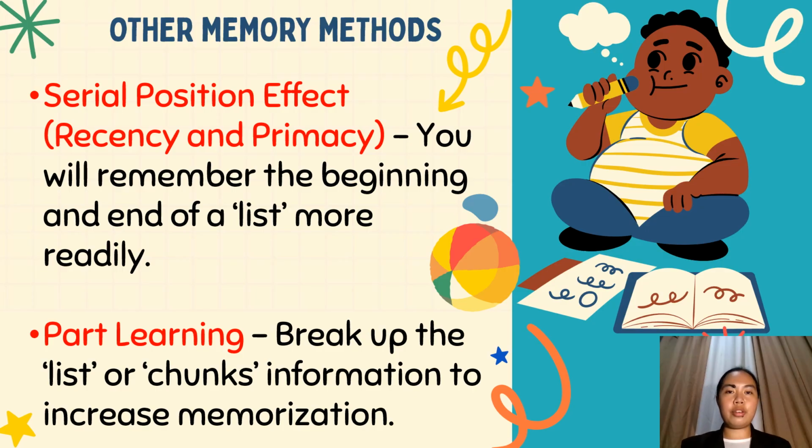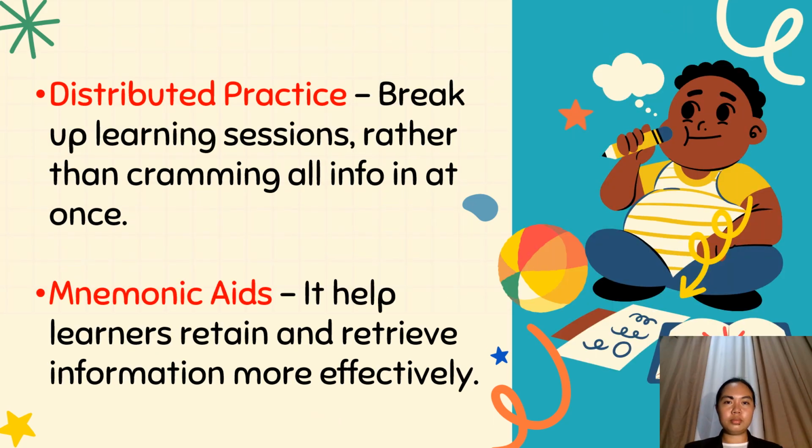Also, we have other memory methods. The first one is the serial position effect. So you are more likely to remember the beginning, or the primacy, and the end, or the recency, of the list than the middle. And the second one is part learning. So break information into smaller chunks or segments to make memorization easier.